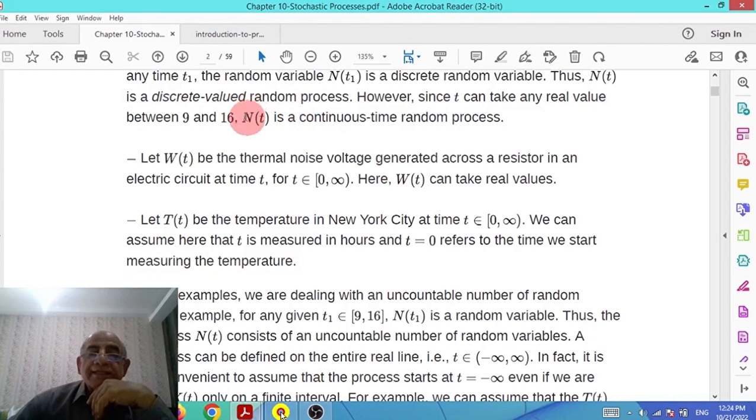But for this example, n of t, t is continuous, but the value that n may take is discrete.